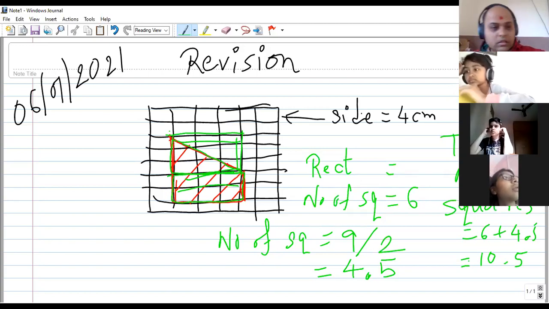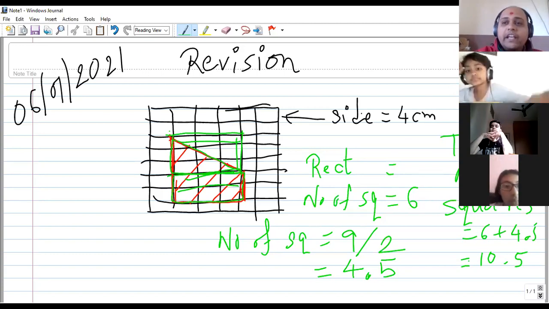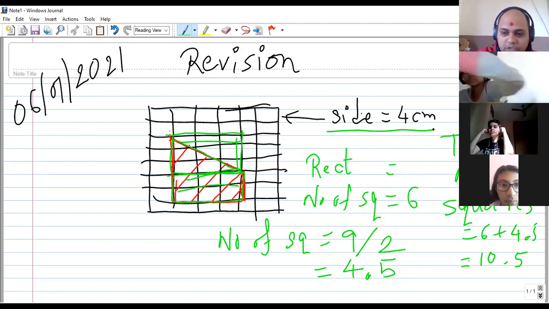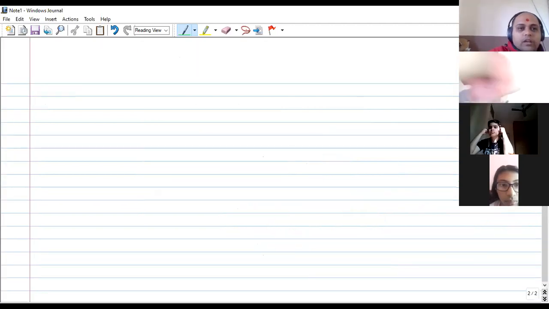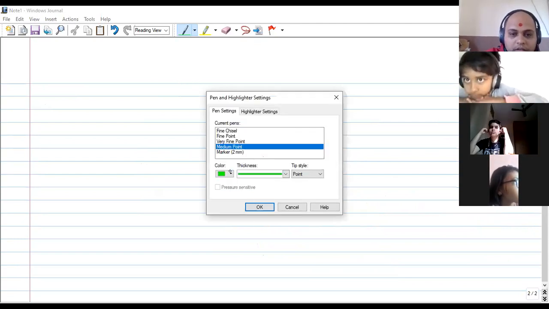Yeah, done. Okay, good. Now the next part. What we have to do? Each square has a side of 4 centimeters. So I'm going to the next page here, and switching to black color, my preferred color.